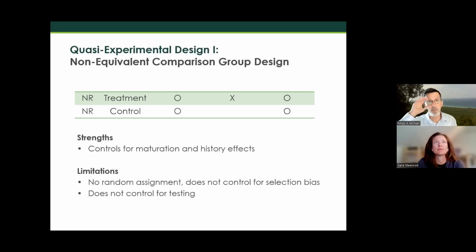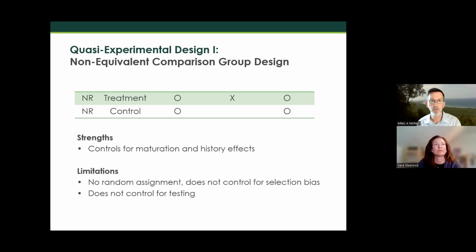Then we get to quasi-experimental designs as we move down our continuum of confidence and causal inference. This looks exactly like the design we first looked at, right? Except the only difference is that people are not randomized to treatment and control groups.